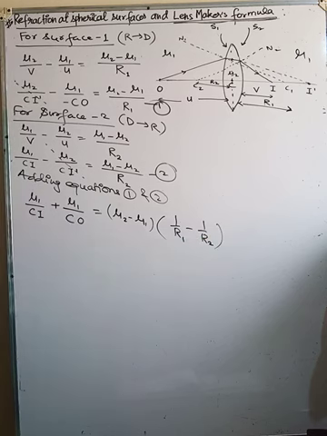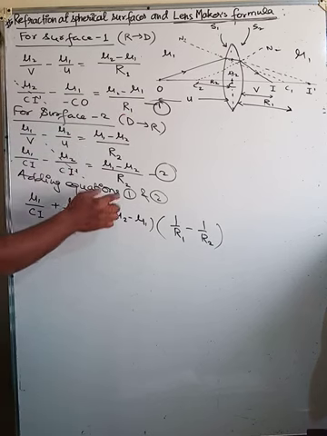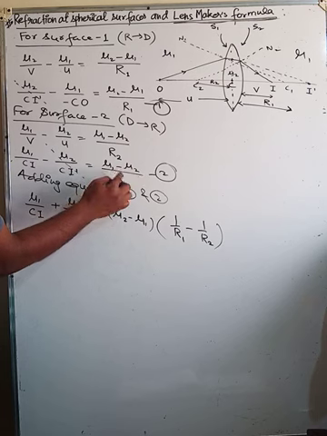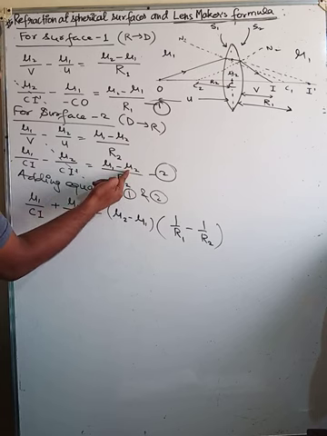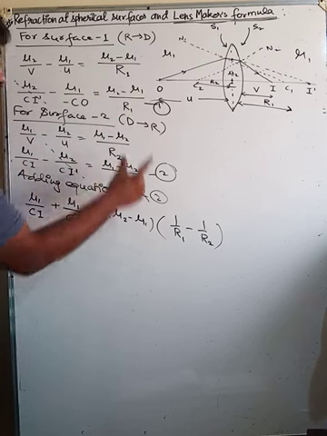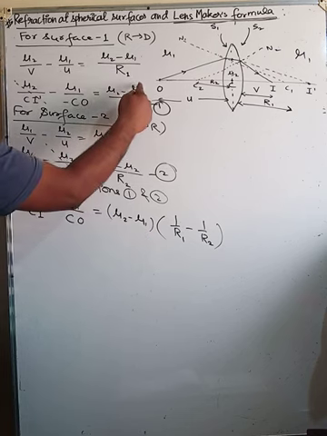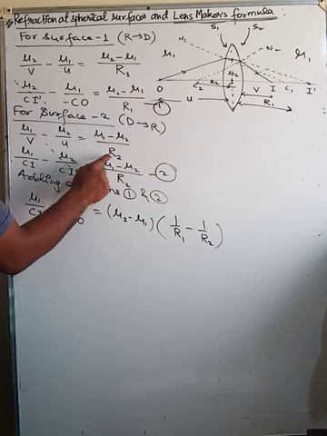Try to understand how it is written. I hope this you have understood. Positive and negative cancel out, and the rest is written as it is. In the term with R2, it is written mu1 minus mu2, so I will take minus common outside, and it becomes mu2 minus mu1. So here 1 upon R1, and at this side minus 1 upon R2.